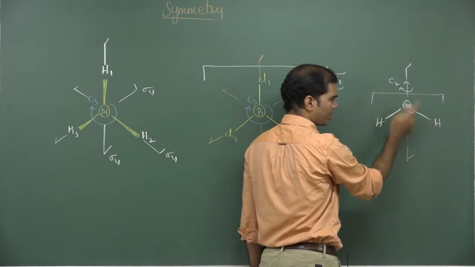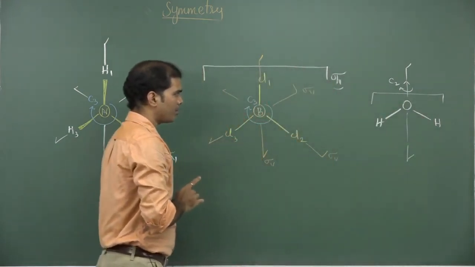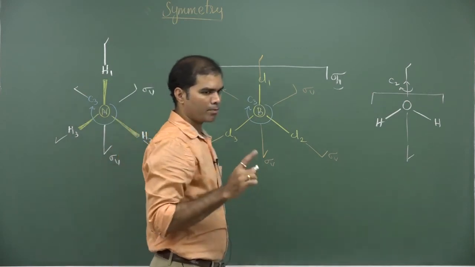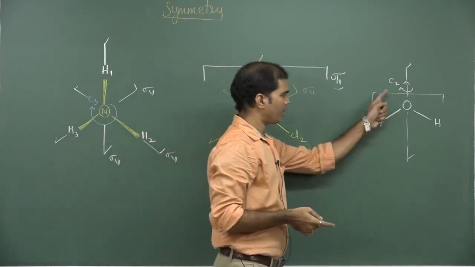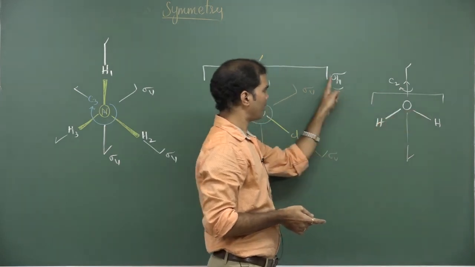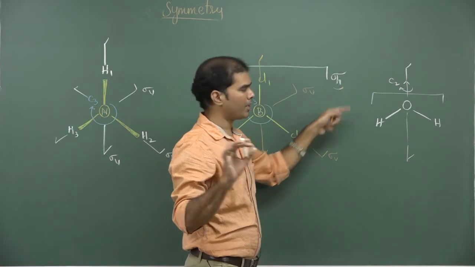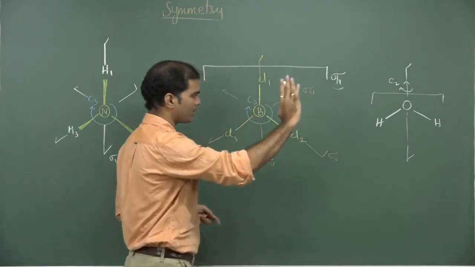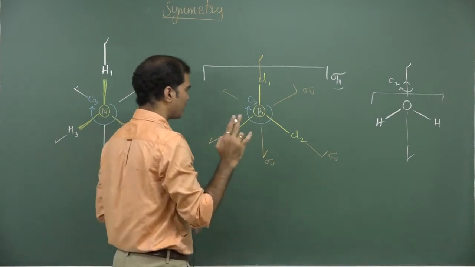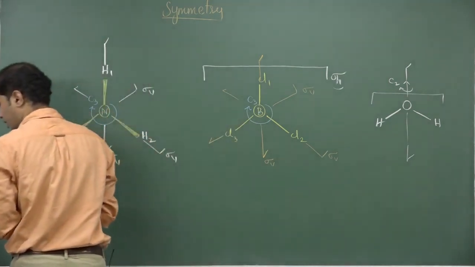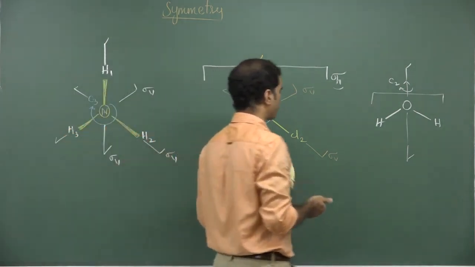So both planes are called sigma V. So don't jump to conclusions that the molecular plane has to be the horizontal plane always. That molecular plane could be a sigma V, or that molecular plane could be a sigma H. Simply, a molecular plane is a plane that bisects all the atoms present within the molecule. Don't get confused with sigma H or sigma V. Don't assign sigma H or sigma V to a molecular plane.